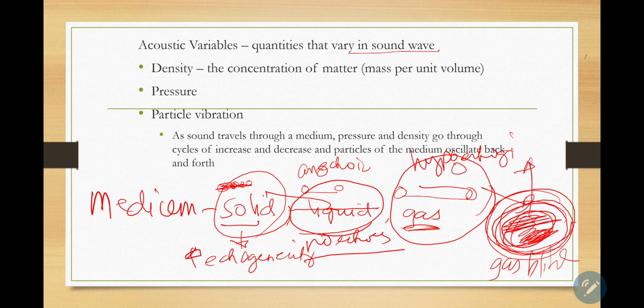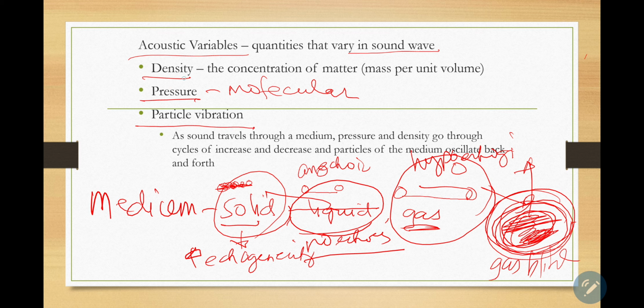Now, going back to what I was saying about acoustic variables, there are three characteristics in the medium that varies from one area to another. Okay, so the density of the medium, the pressure in the medium, which I also already said is dictated by the molecular component, and the particle vibration.